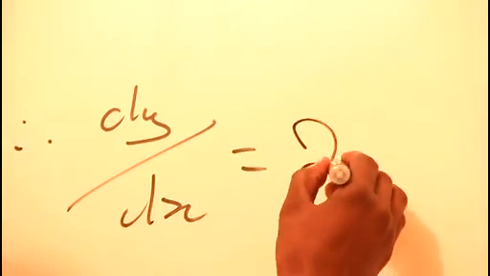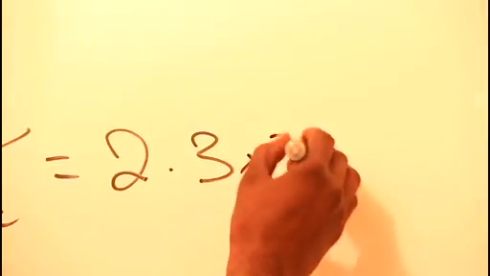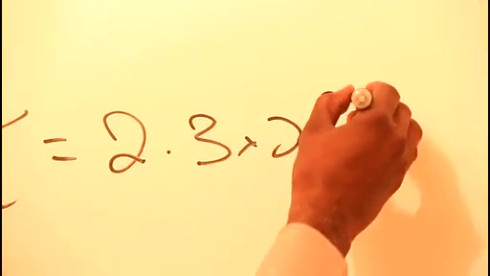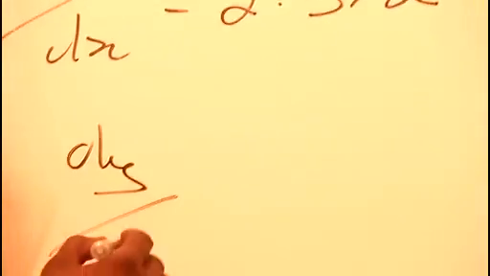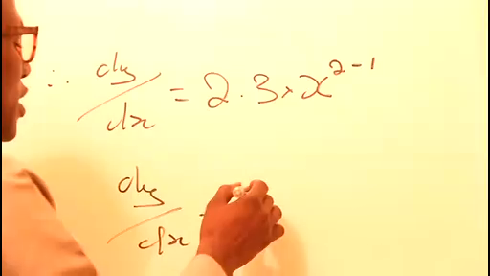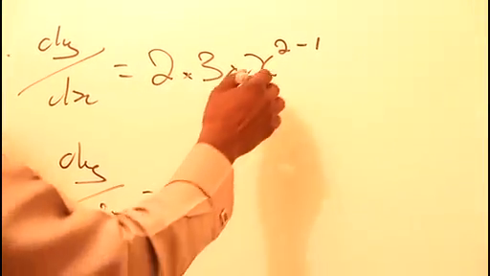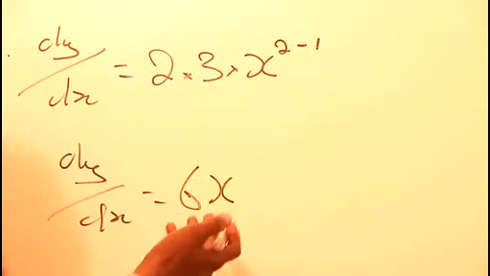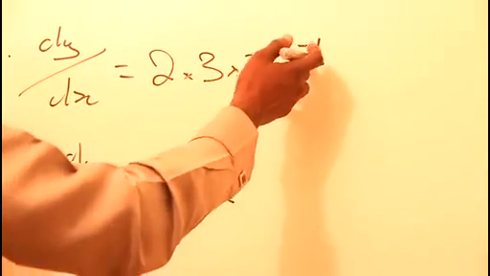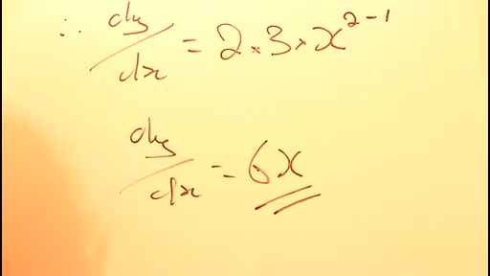That will be 2 times 3 times x to the power of 2 minus 1. So dy over dx will be equal to 6, this times this, then x to the power of 2 minus 1 will be x. So this will be our solution for now.